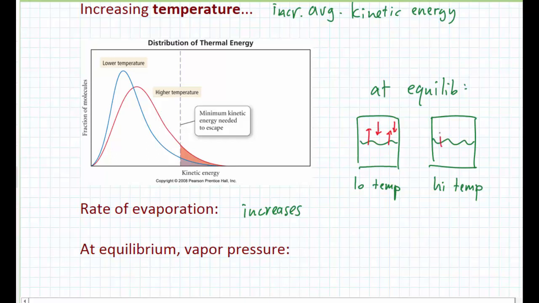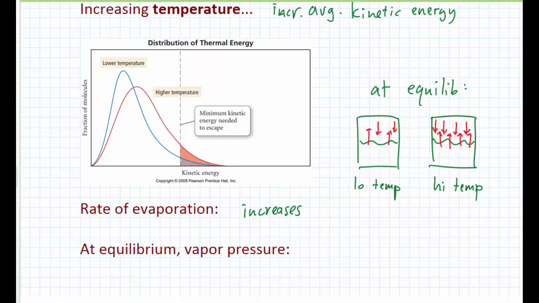At high temperature, we'd have a lot of vaporization happening, but we can also have a lot of condensation happening. So we can have equilibrium in both cases, okay?